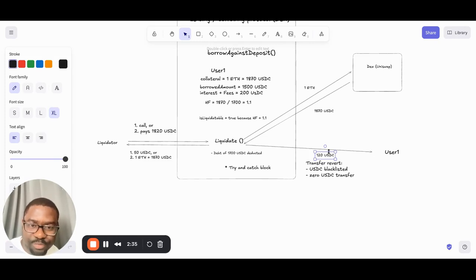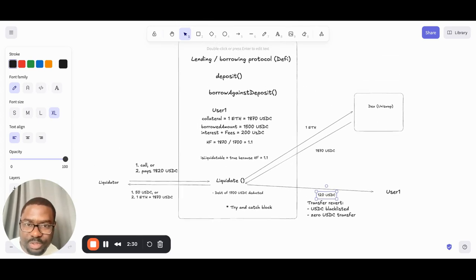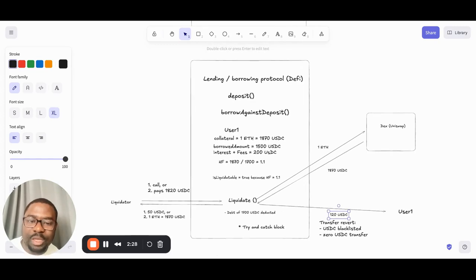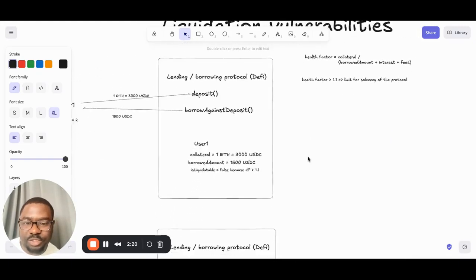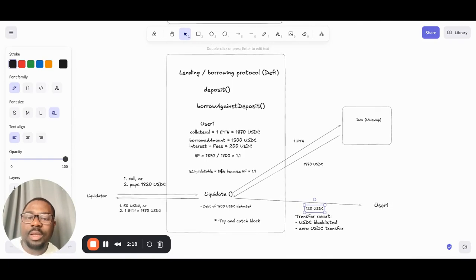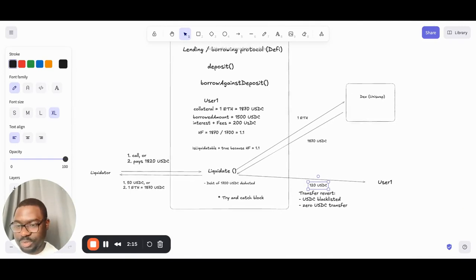And once this transaction fails, everything fails, and this position is no longer liquidatable, even though it's a losing position. So your invariant becomes broken. Your health factor for this user becomes lower than 1.1, and in some cases, it will even fall below 1. And there's nothing you can do. All right. So you need to pay attention to that.